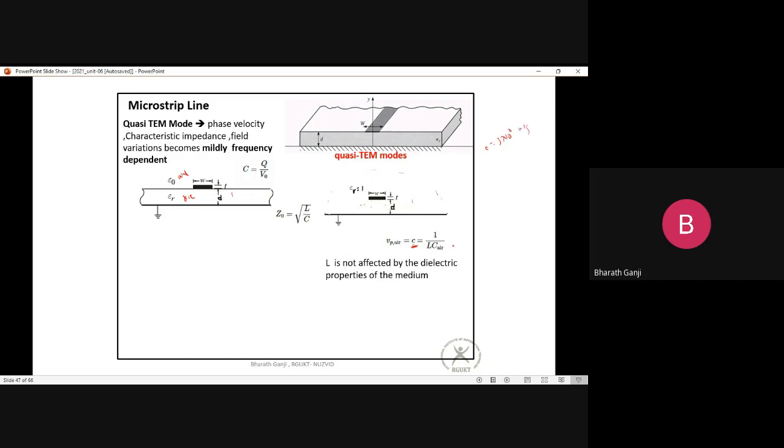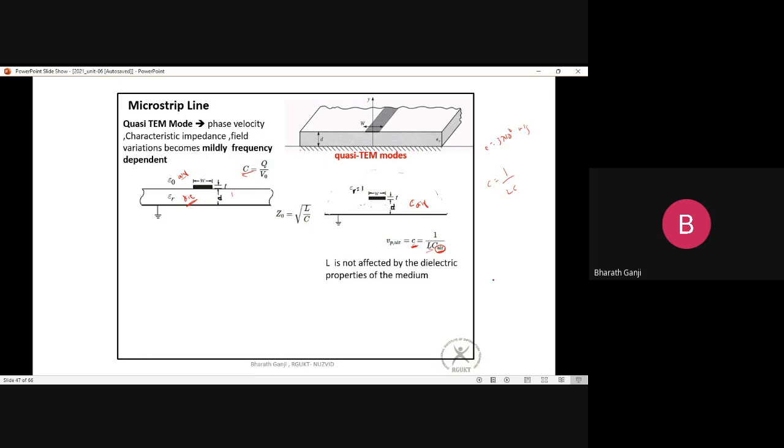Phase velocity is 1 by square root of LC, where L is the inductance per unit length and C is the capacitance per unit length. By writing the subscript air, I mean C air is the capacitance per unit length when there is air everywhere, and C is the capacitance per unit length when there is a dielectric and air substrate.